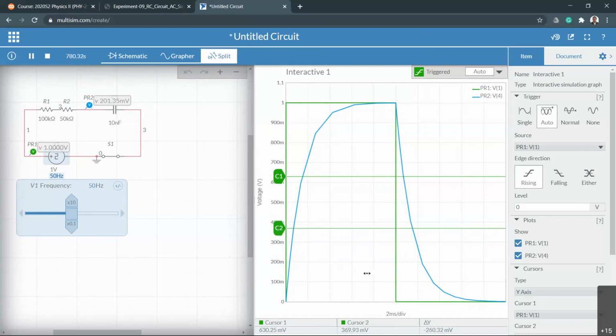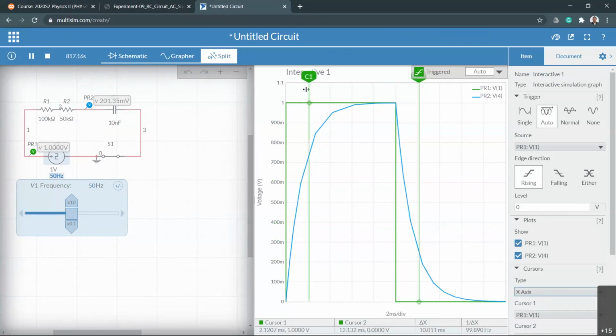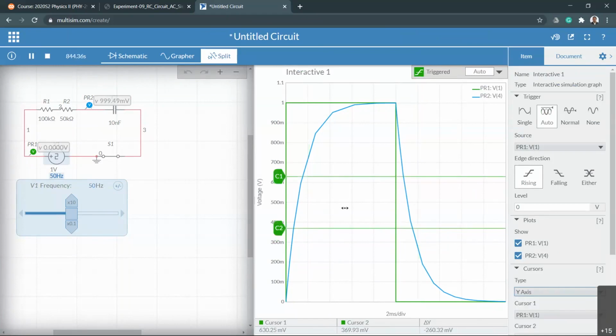That's about it. 37 for cursor number 2, then change the cursors into X axis. Now you have to remember where the cursors were on Y. The two crossing points: first crossing point here, second crossing point for cursor 2 there, okay? Just a little bit below one segment line.